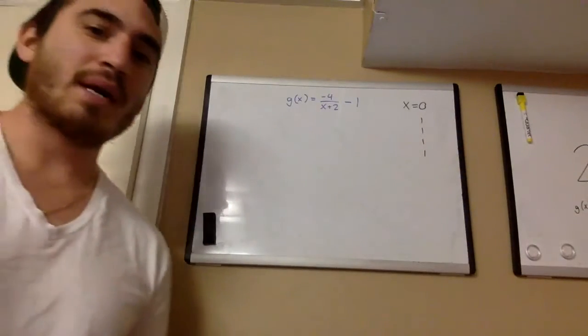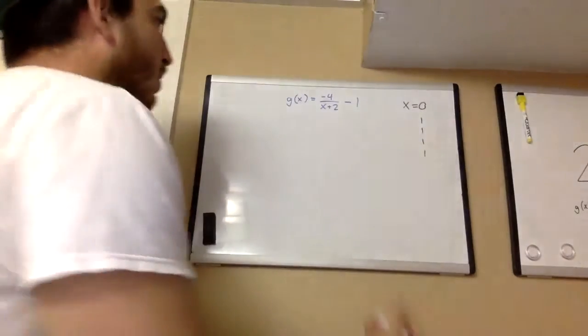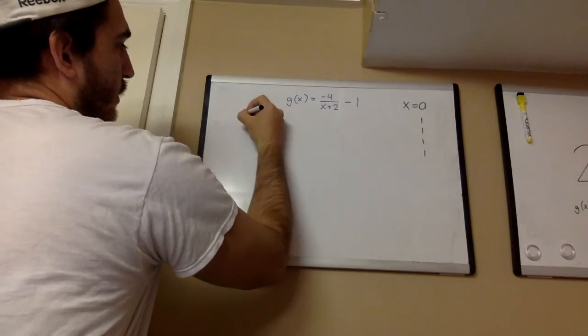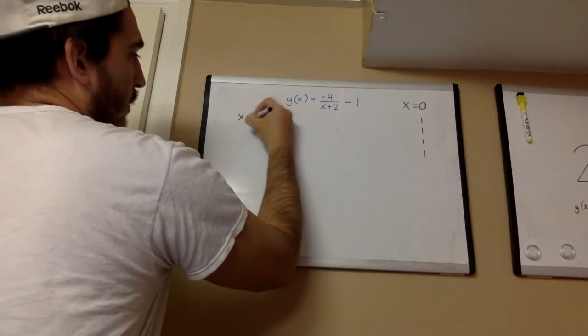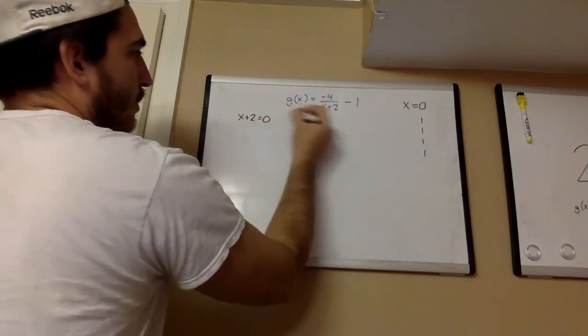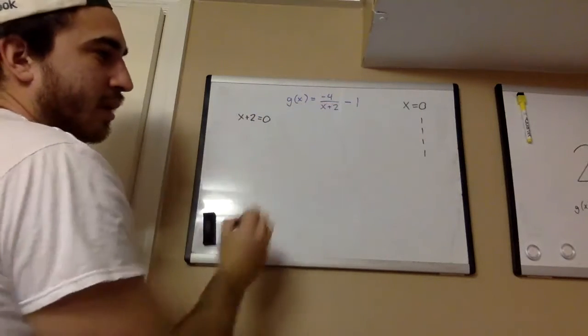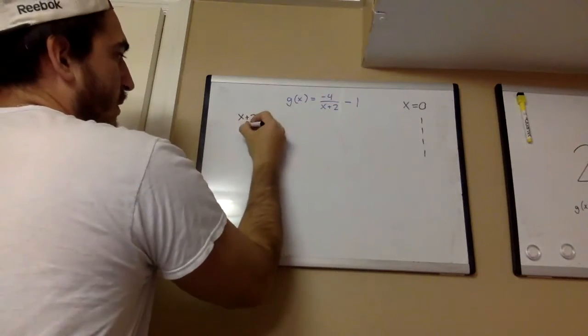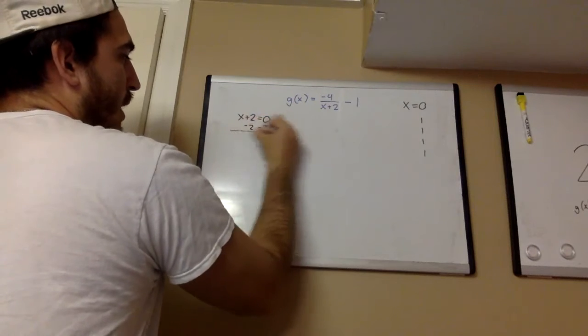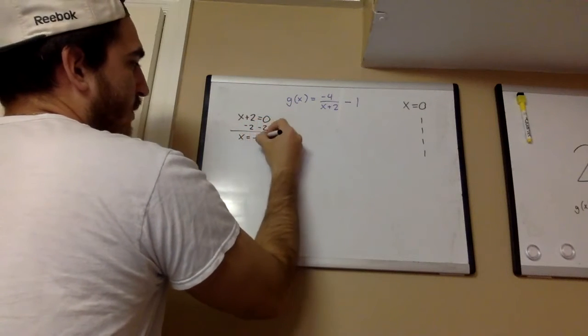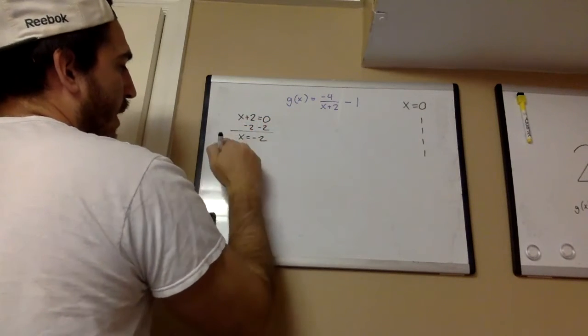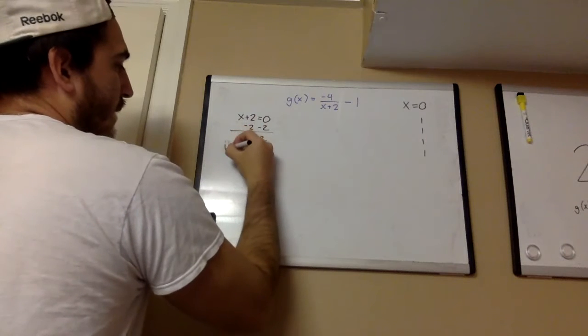However, the denominator says x plus 2. So in order to figure it out, you set x plus 2 equal to 0. Whatever the denominator is, set it equal to 0, and then solve. So I subtract 2, and I end up getting x equals -2. This is going to be my vertical asymptote.